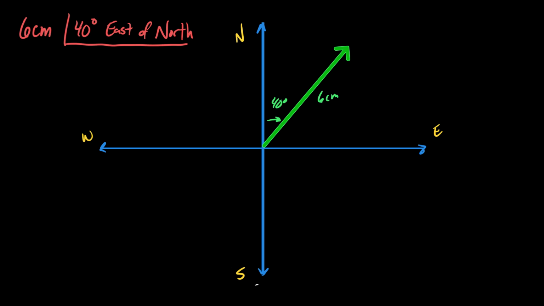I'd like you to draw a second vector. I want you to imagine that these are instructions, that you're being told to walk this path. Like you're going to walk 60 meters at this direction, and you're going to turn and walk another direction. So the next one I want it to be 3 centimeters due east.